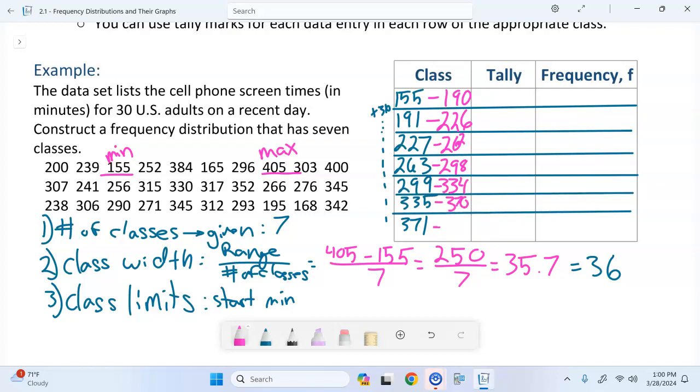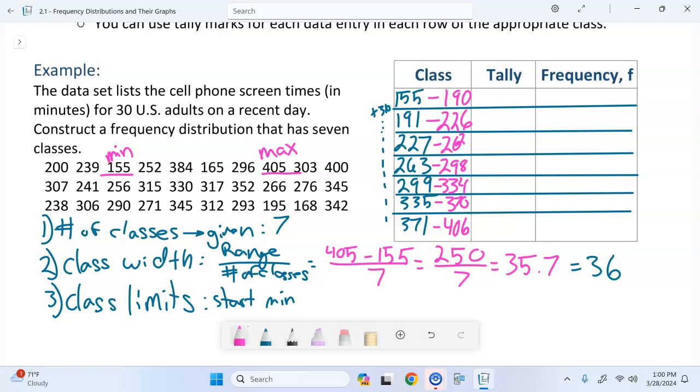But for the last one, I don't have another lower class limit to check. So I take 370, add the class width, and we get 406 as our final upper class limit.